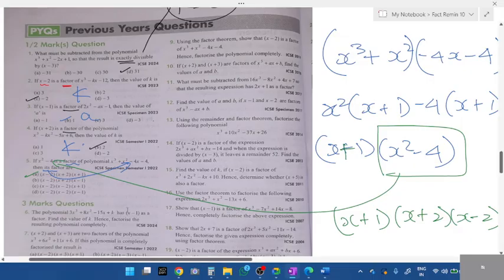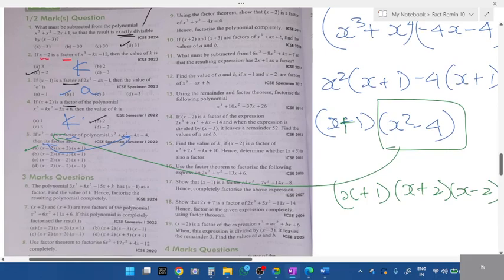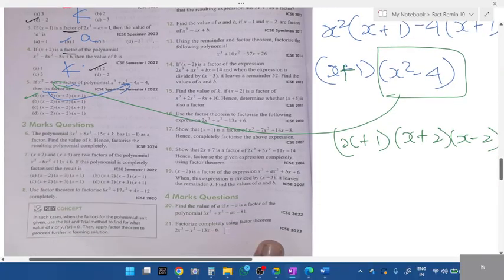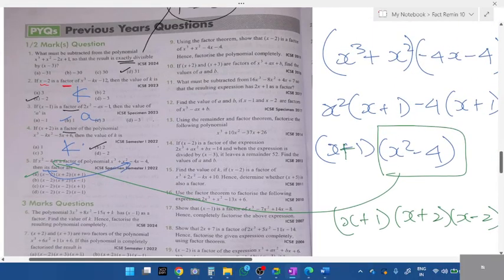Up to 2022, then we'll solve a few questions. 2024, 22, 20. There's one 2023 4 marks question. All of you understood?